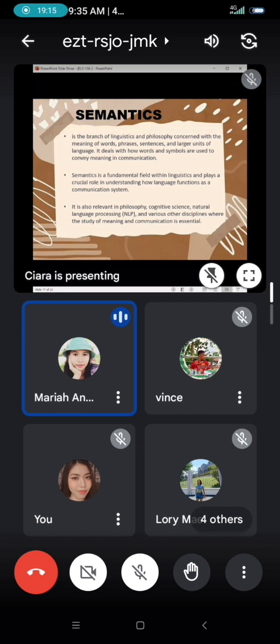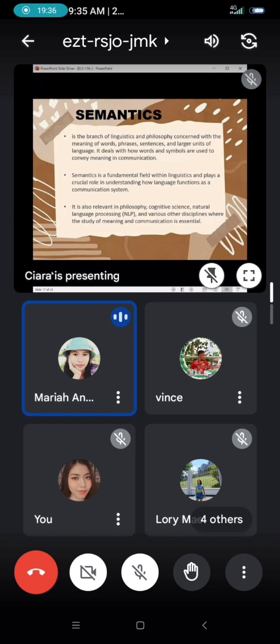And now, let's have the topic semantics. So, semantics is the branch of linguistics and philosophy concerned with the meaning of words, phrases, sentences, and larger units of language. It deals with how words and symbols are used to convey meaning and communication.